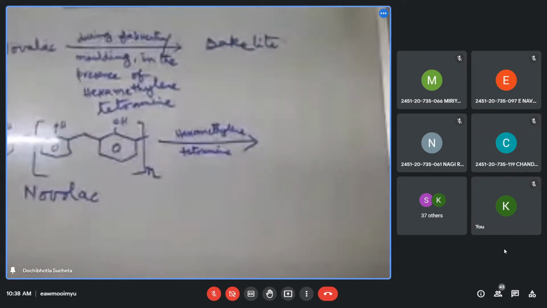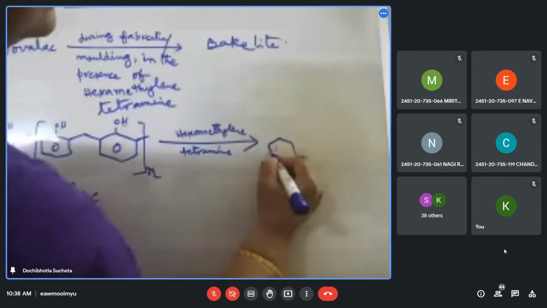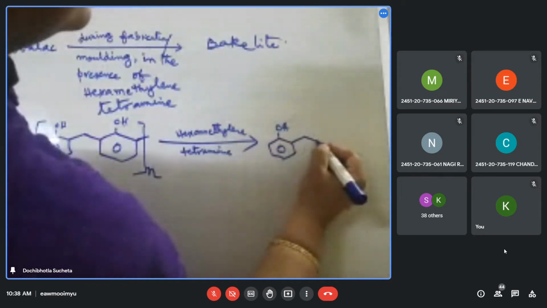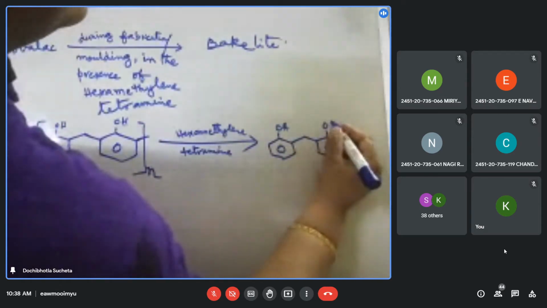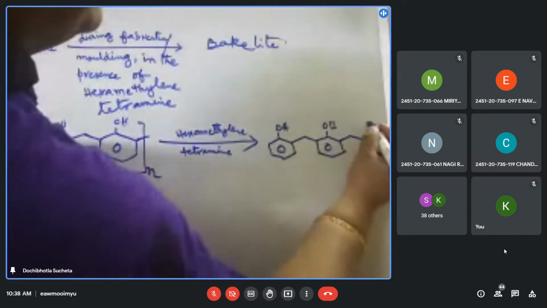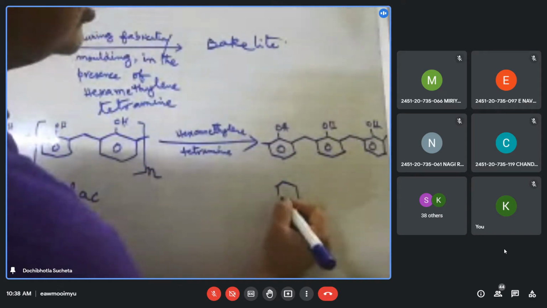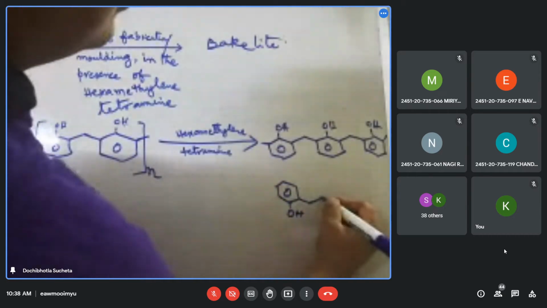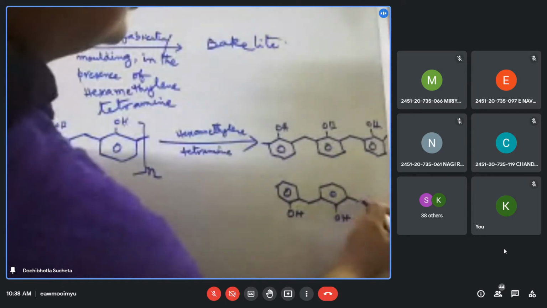Can you now write the structure of Bakelite? Yesterday I already explained it to you all. What's the structure of Bakelite? I'll take, for example, three benzenes mediated with CH2, that is one Novolac ring structure. I'll write a mirror image of this Novolac structure again, with three rings for convenience.